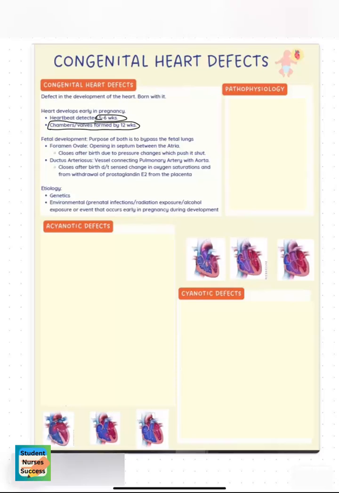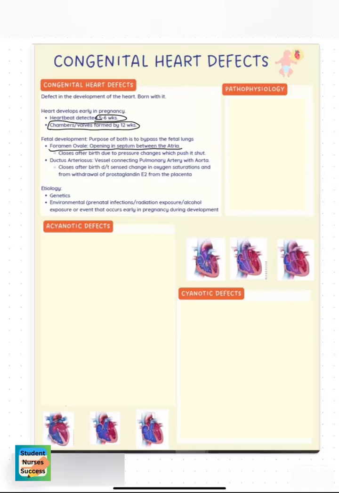The foramen ovale is actually an opening between the two atria. So between the right atrium and the left atrium, there's a tiny opening. And that opening allows blood to move from the right atrium to the left atrium and actually skip the whole process of sending that blood to the baby's lungs because it's just not necessary.